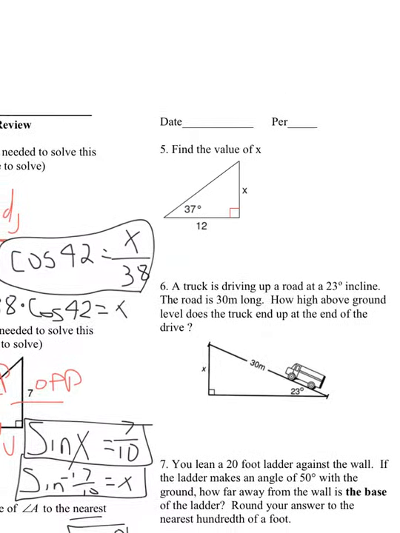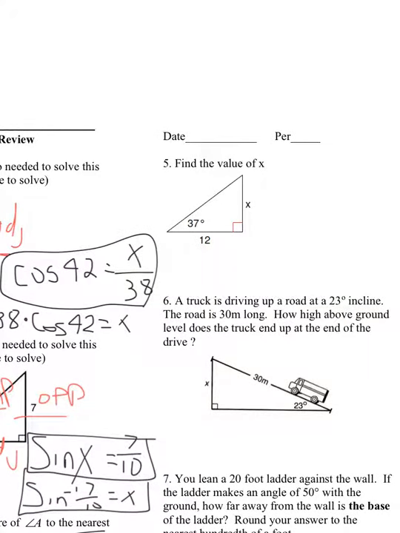Moving right along, number 5, find the value of x. From the 37 degree angle, opposite, adjacent, hypotenuse. Opposite and adjacent have our information.